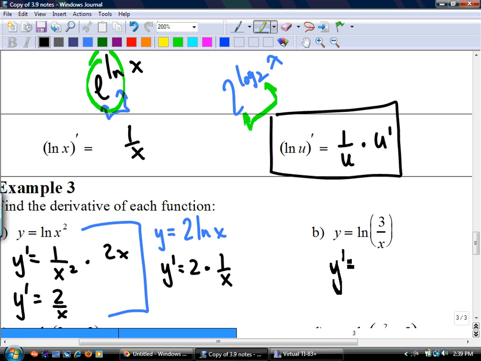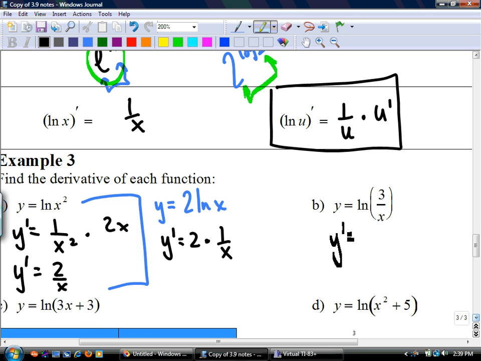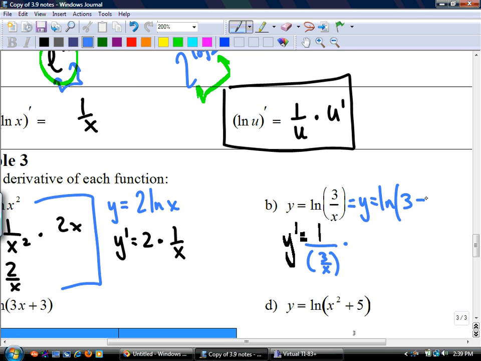Okay, B. What are you going to do? 1 over 3 over x. Okay, and then what's the derivative of 3 over x? You guys don't like this, obviously. Mr. App, I don't like this, neither do I. How about doing this? Oh, good.